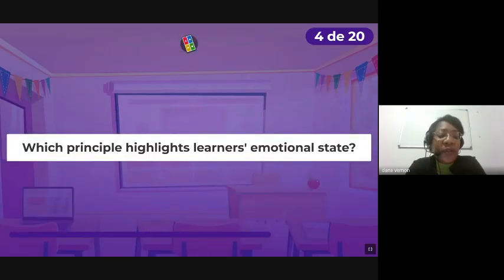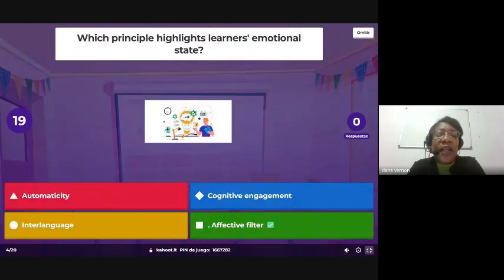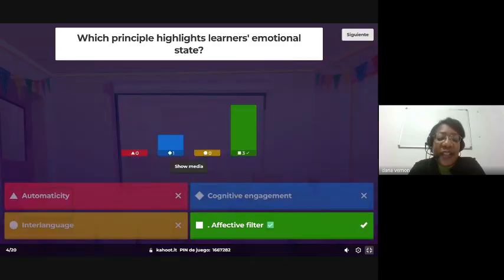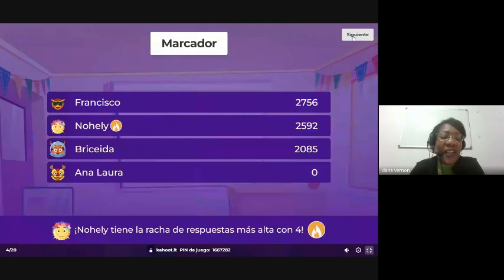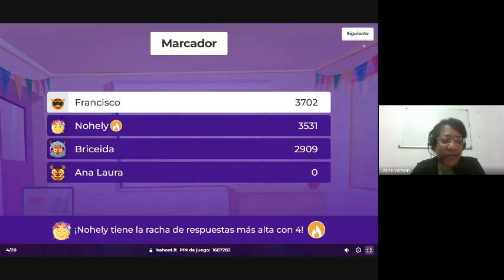Which principle highlights learners' emotional state? Automaticity, affective learning. I forgot to check that.